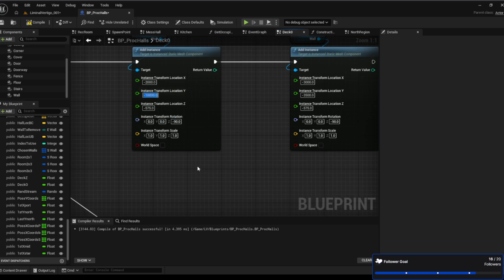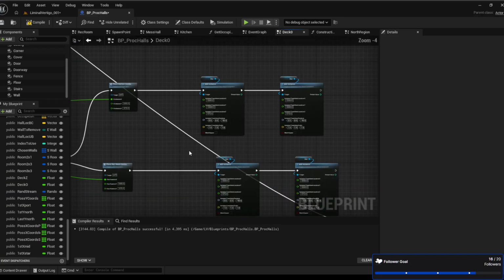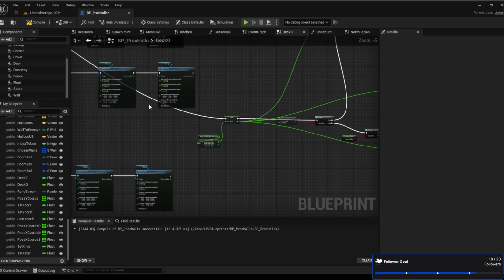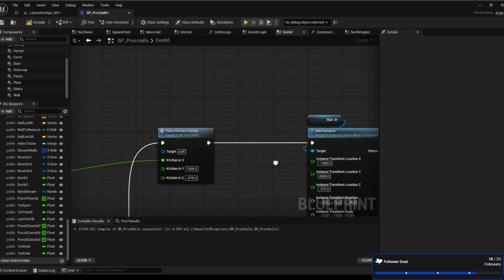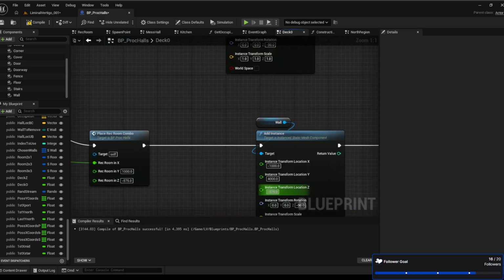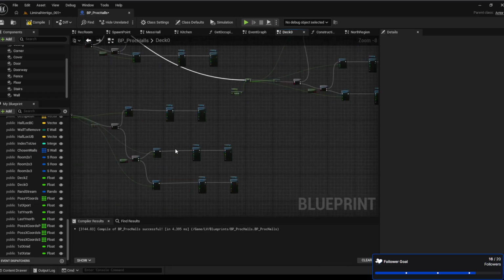Copy. Paste. Paste. Come on. Paste. Paste and paste and the last one down here somewhere.